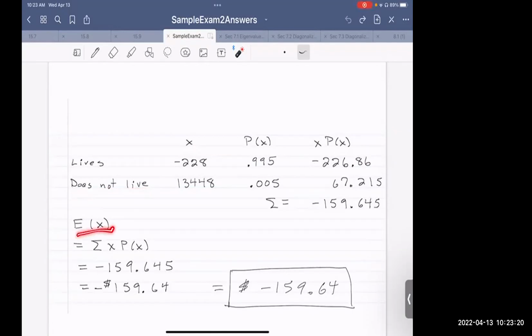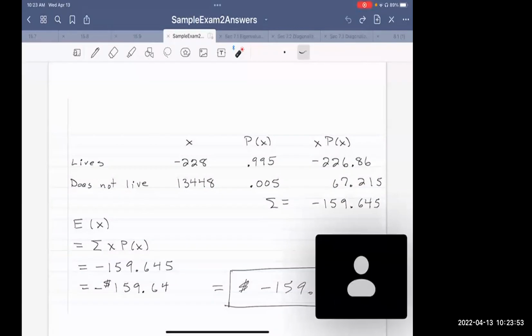Let's find the expected value. The expected value is just the sum of x p of x. We'll attach this additional x p of x column. Let's multiply the first and second column to get the third column. And so negative 228 times 0.995 is negative 226.86.